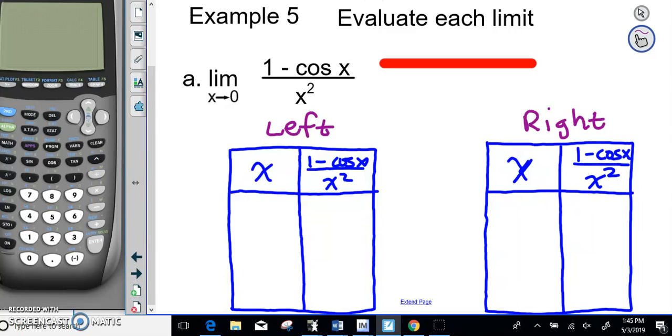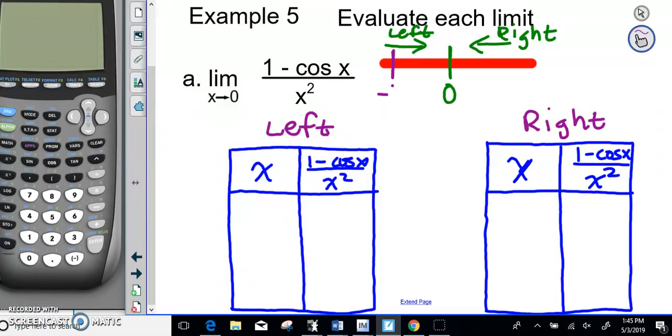We know for a fact that zero is in the middle. So if we're coming from the left side, we're coming from this side going this way. From the right side, we're coming from this side and going that way.